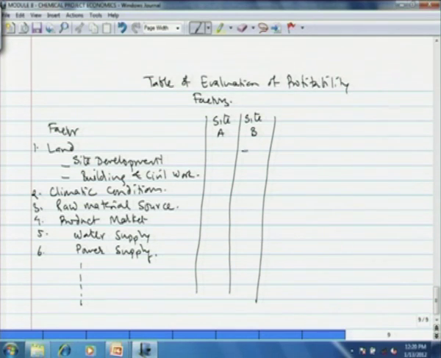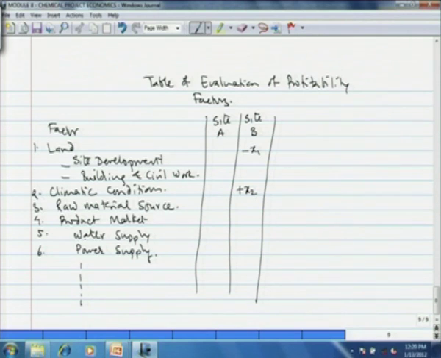So, here it could be a negative factor, minus x, or minus x1. Then in case of air conditioning, if the plant site is located at a very humid and hot area, then we have to go for air conditioning. So, cost of air conditioning increases. So, that is plus x2.